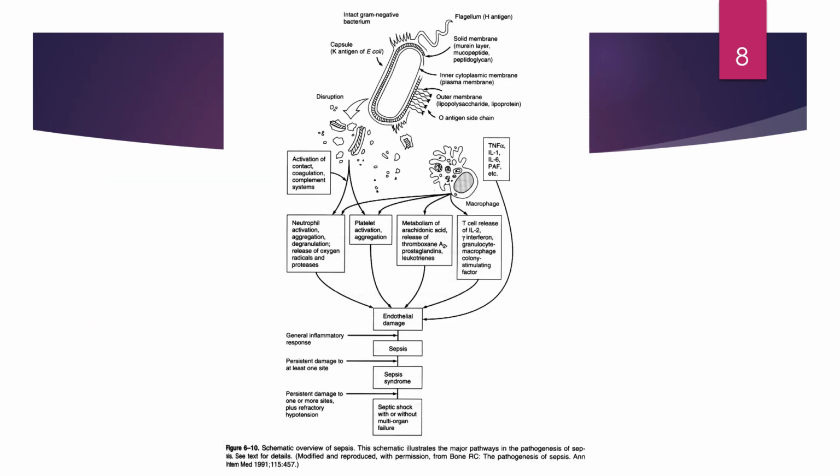This is just a little bit of a graphic to basically show you exactly what happens whenever a patient is exposed, in this case, to a gram-negative bacterium, for example, E. coli, and kind of more or less summarizing what we talked about on the last slide: exposure to the bacteria in the body, and then your body's actual response to that by activating a large immune response that may or may not be able to kill some of the pathogen, but definitely not all of the pathogen, leading to endothelial damage and then a general inflammatory response and sepsis.